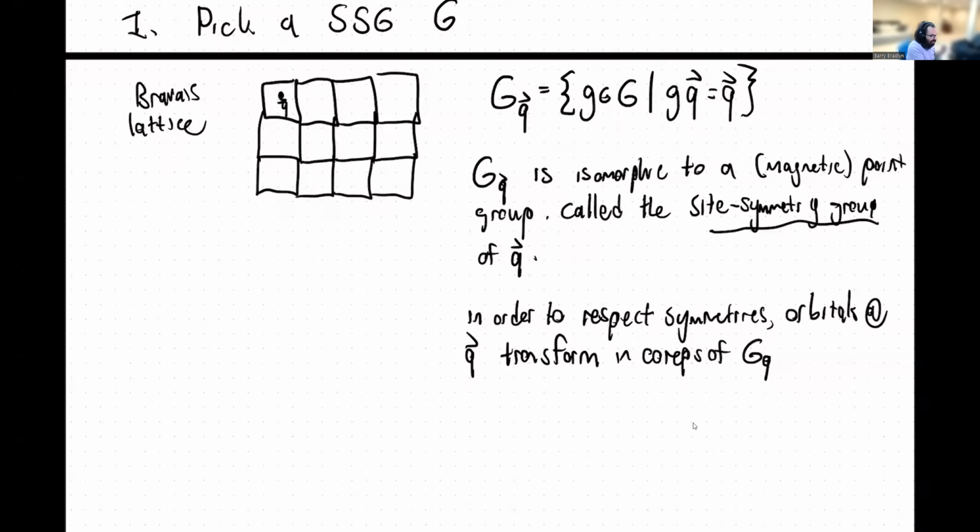It only respects the symmetries of G sub Q. And so my S, P, and D orbitals split into co-representations of G sub Q.